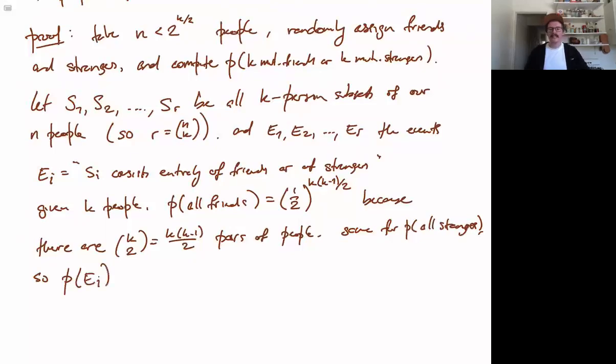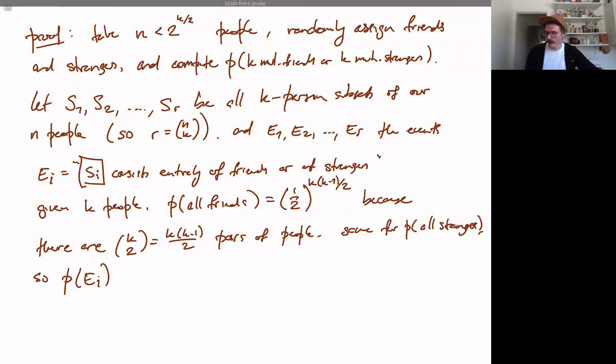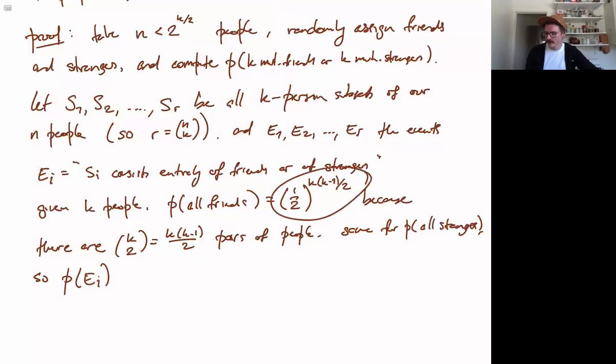So the probability of Ei, let's think about what this is. It is, given this group of k people, that it consists entirely of friends or entirely of strangers. So those two possibilities are disjoint, so we can just add the probabilities for each of them. And those are the same, so it's just 2 times 1/2 to the k minus 1 over 2.